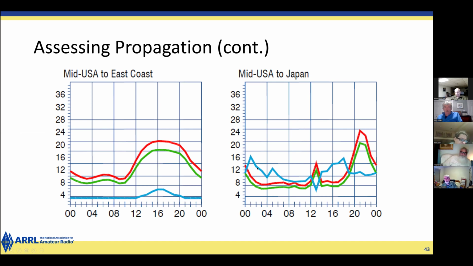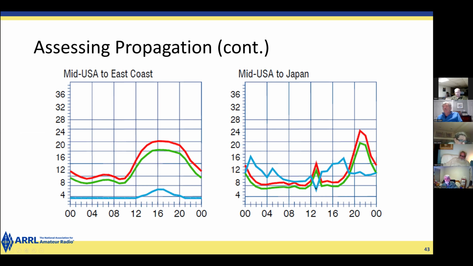Look here, the blue line, the lowest usable frequency, is above the green and red lines, which are the maximum usable frequency for most of the day. And you'll see that on this path the LUF dips down below the MUF, and ignore the red line for a minute.